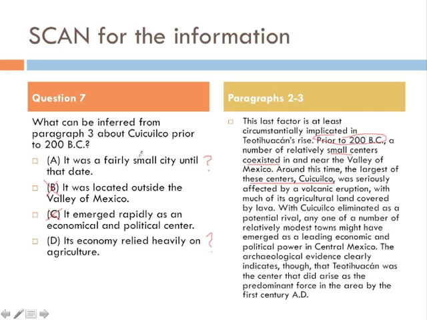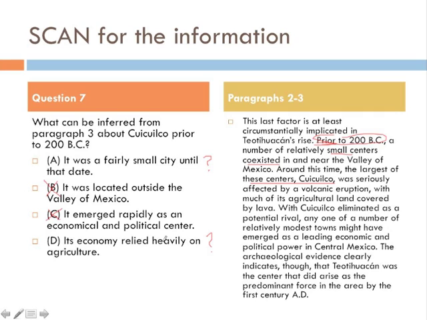Now, the answer choice says it was a fairly small city until that date. In other words, did something happen after that date that made it bigger? Well, again, the text is only referring to the information before 200 BC. We don't know necessarily if after 200 BC they became a bigger city or not, though we could probably guess that the city itself probably did suffer after that, because it did suffer from a volcanic eruption. But it did mention that it's the largest of these centers. So in this case, A is starting to look like it's not going to be the answer.